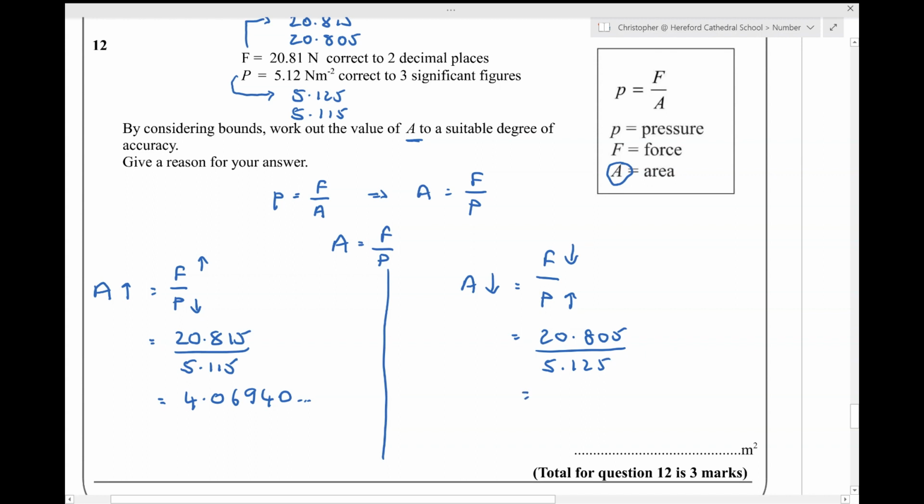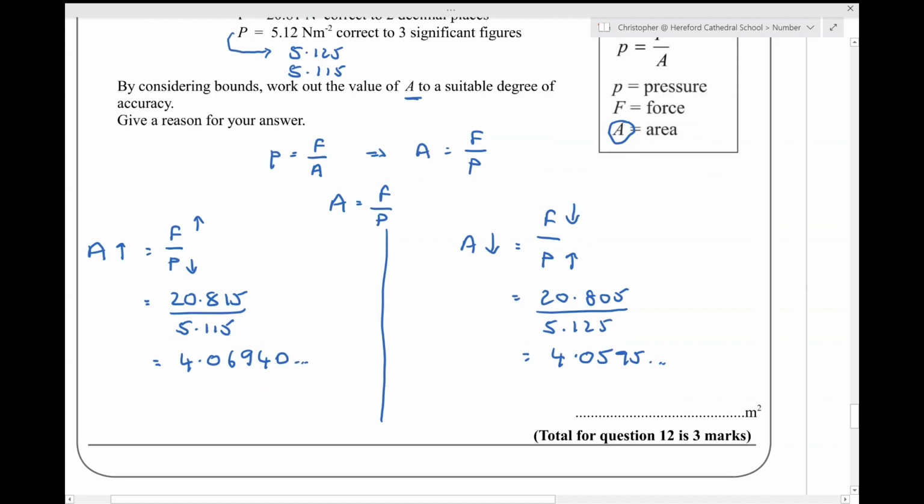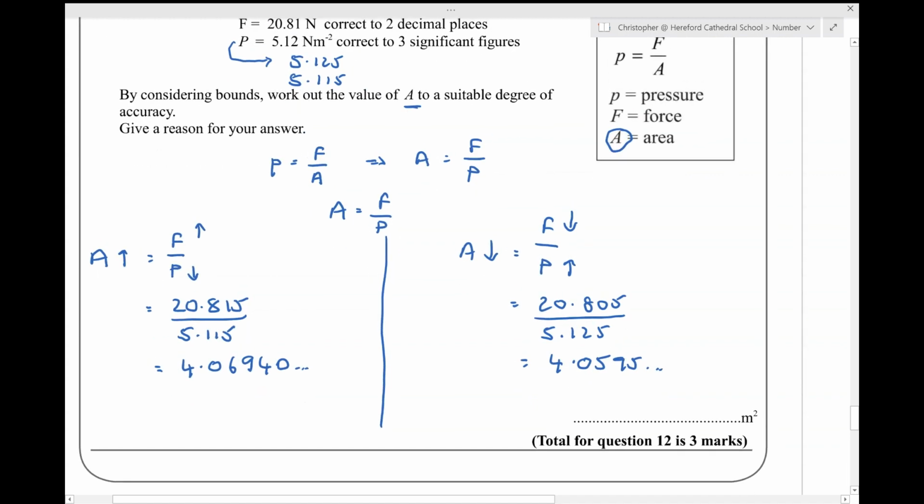Okay, 20.805 divided by 5.125 gives me 4.0595 and so on.